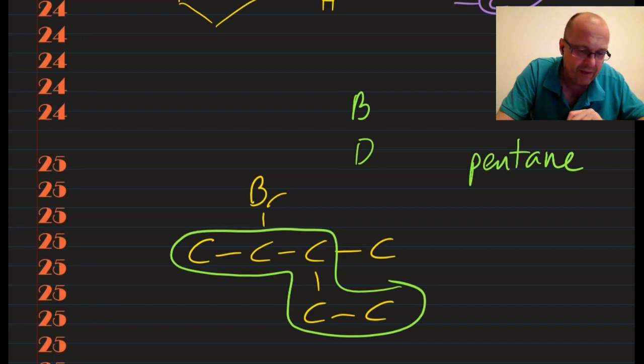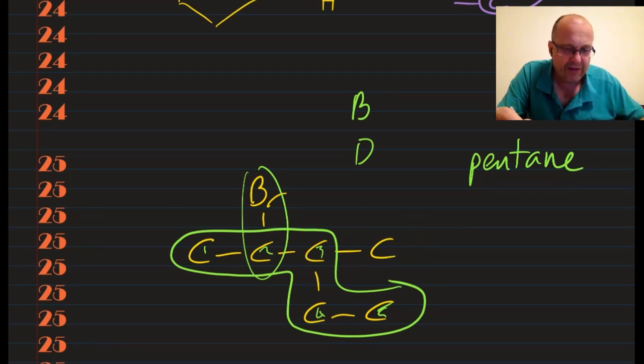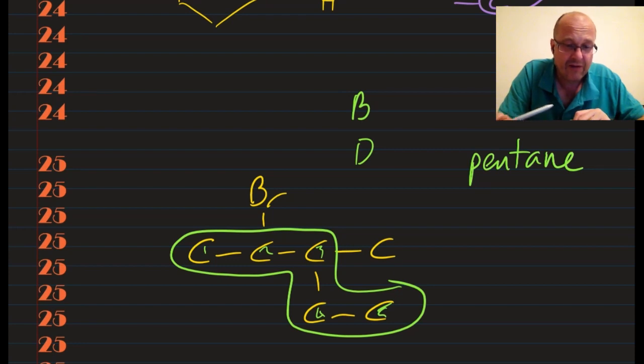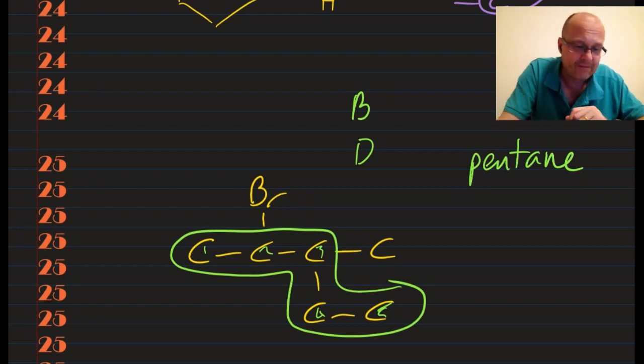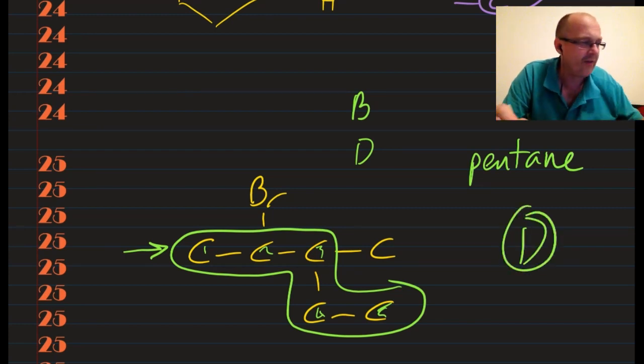So if I count from here, 1, 2, 3, 4, 5, I've got 2-bromo, 3-methyl. If I was to count from the other end, I would have higher numbers. I would have a 3 and a 4. So counting from this end to get the lowest numbers, 2-bromo, 3-methyl. D. 25 is D. 25D.